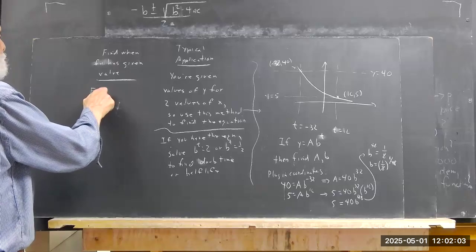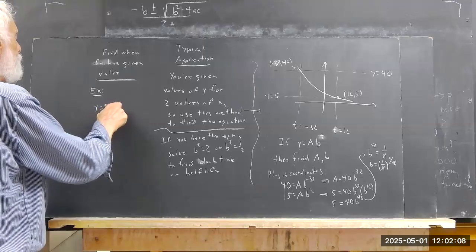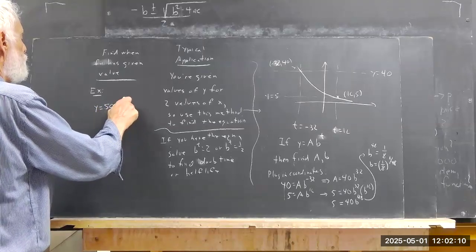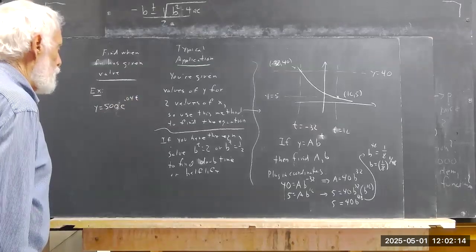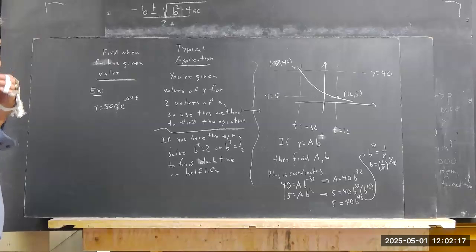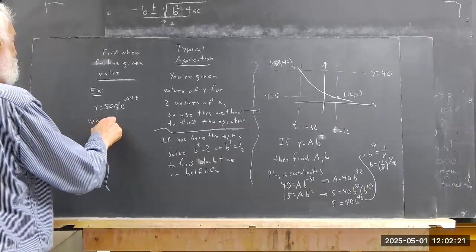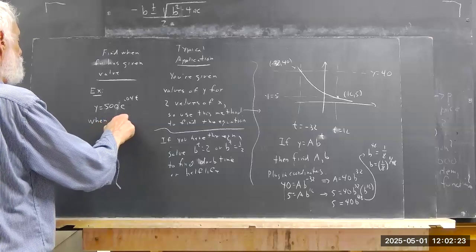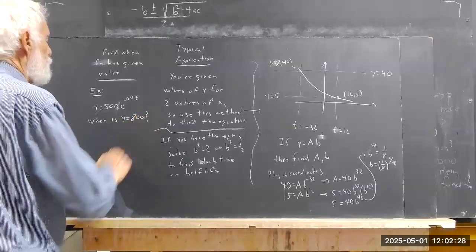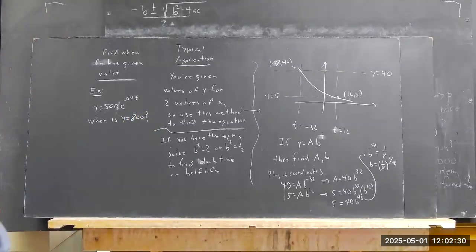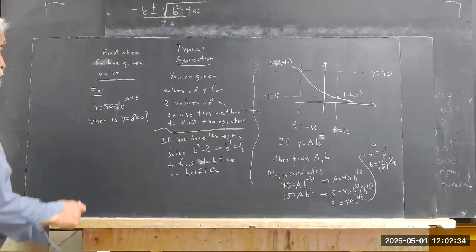Example. y equals 500 e to the 0.04t. When is y going to be 800? If I would take the question.